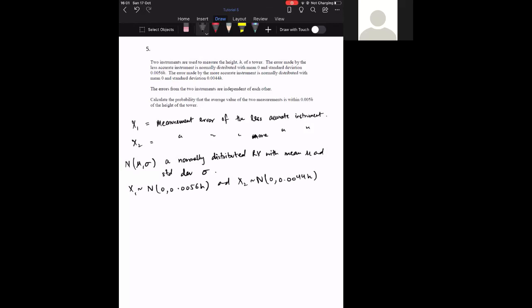And they're independent. What do we want? We want the probability that the average value of the two instruments is within 0.005h of the height of the tower.